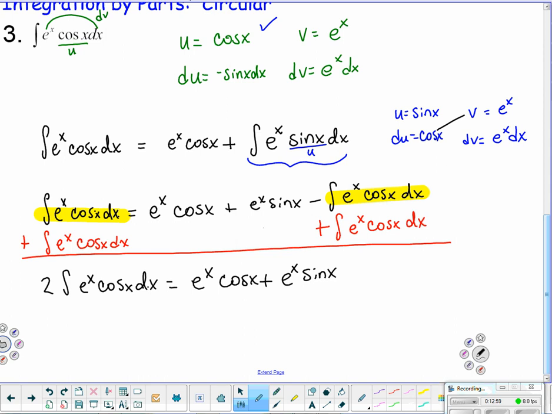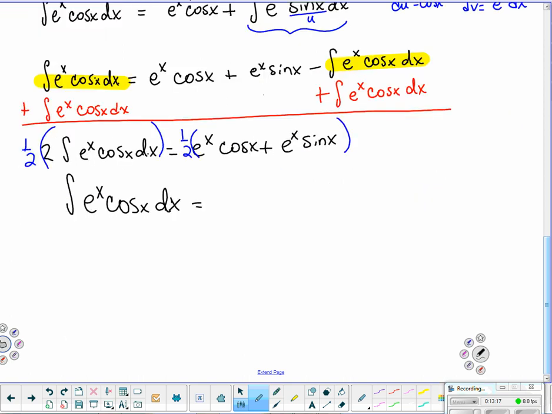And now what I'm going to do is multiply both sides by 1/2 to get rid of the 2. And we will end up with an integral of e to the x cosine x dx equal to 1/2 e to the x cosine x plus 1/2 e to the x sine x. And let's not forget our plus c.